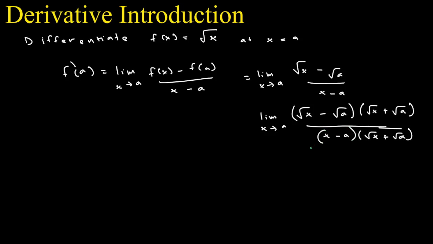What happens is we get x minus a in the numerator, because this is the difference of squares.